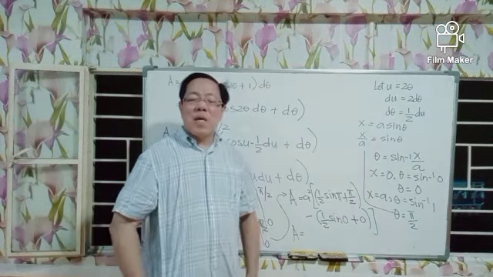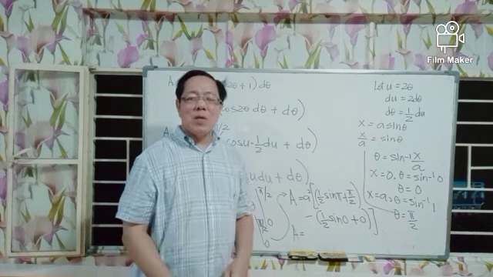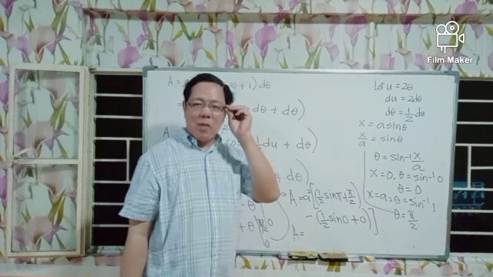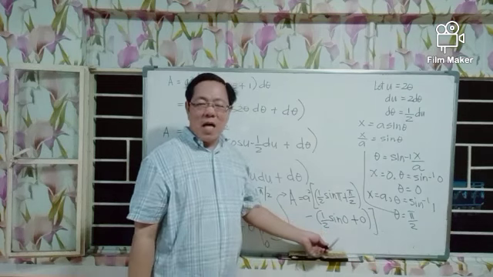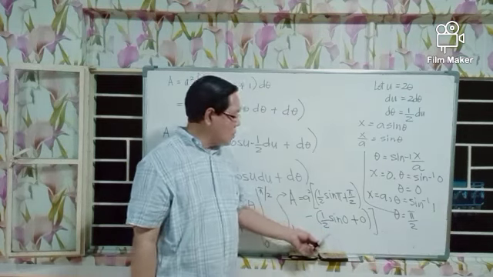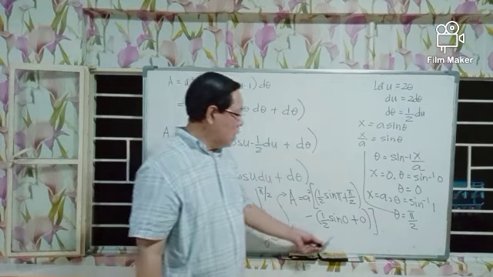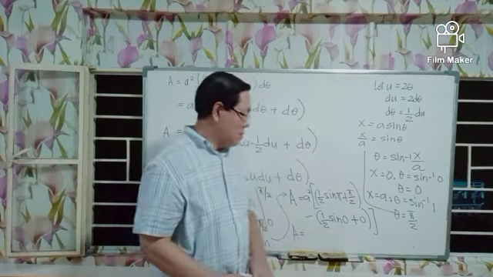Now, if you want to make use of your scientific calculator, you put the mode of your scientific calculator to radians and you calculate sine of 0. And sine of 0 is equal to 0, multiplied by 1/2 is 0, plus 0 is 0.